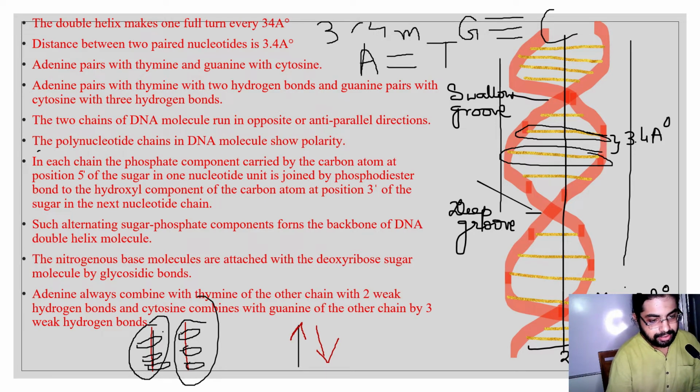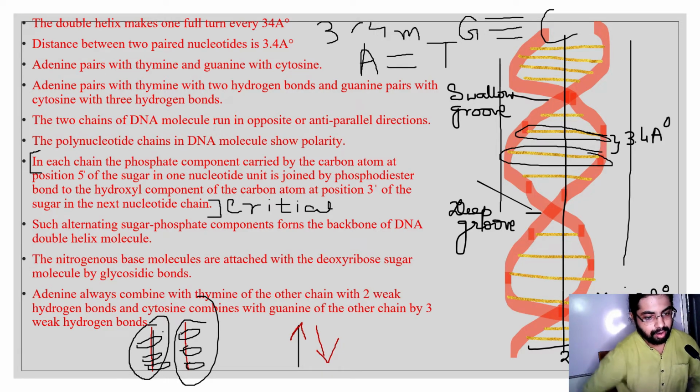And this point, the spatial arrangement of DNA, is a little bit critical. I will explain this spatial arrangement in my next video. To describe it in brief, I will introduce this spatial arrangement. In each chain, the phosphate component carried by the carbon atom at position 5' of the sugar in one nucleotide unit is joined by a phosphodiester bond to the hydroxyl component of the carbon atom at position 3' of the sugar in the next nucleotide.